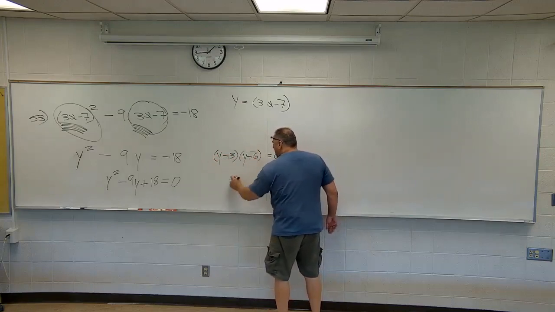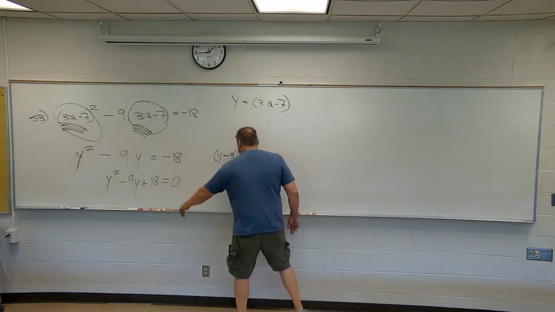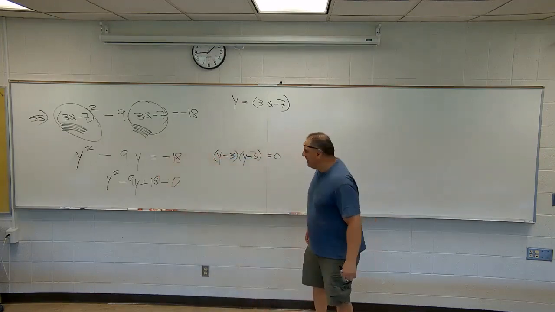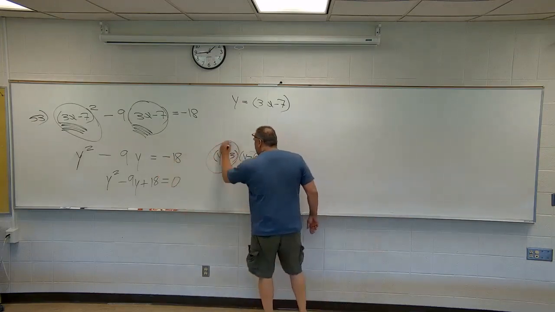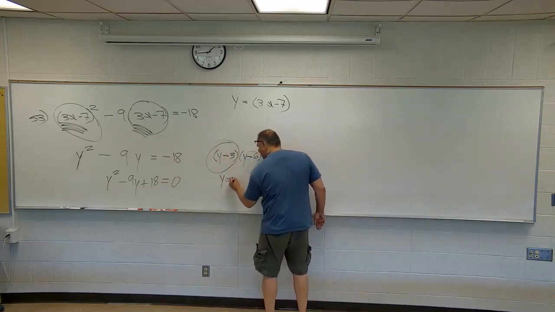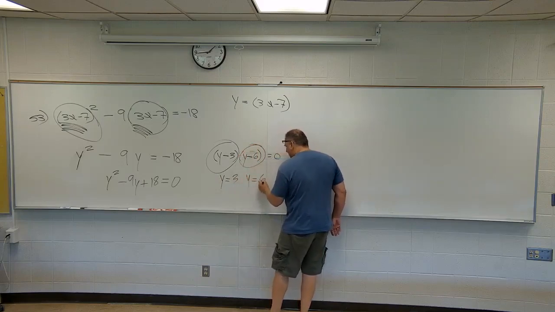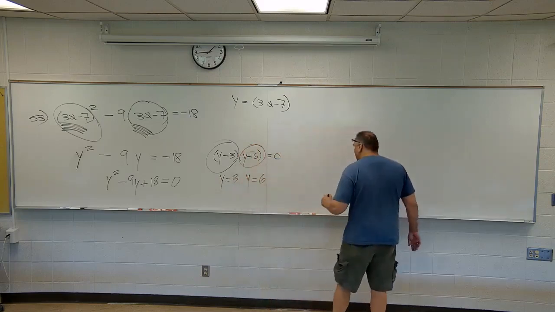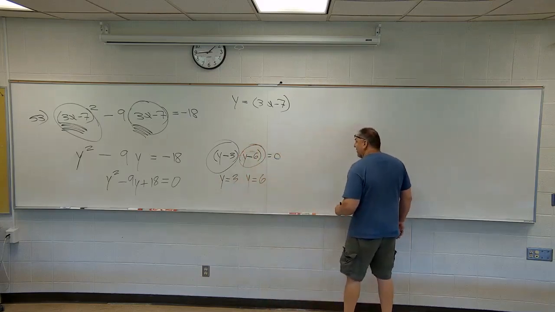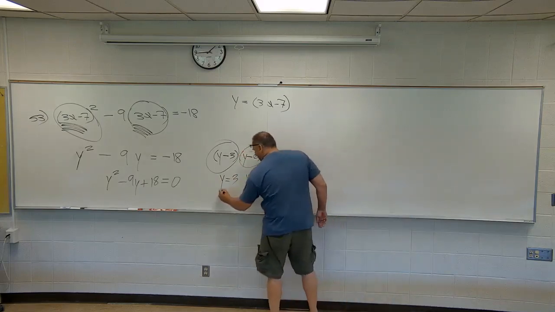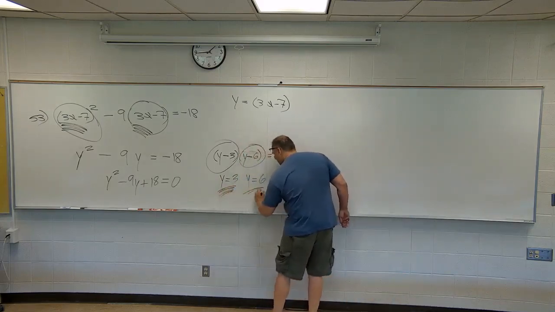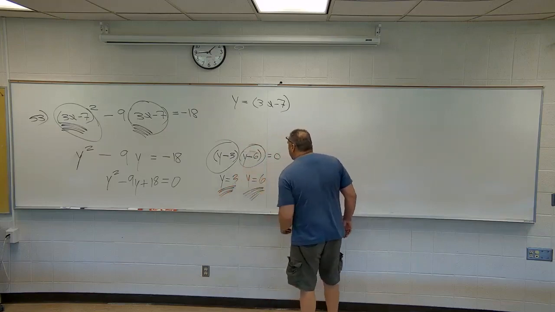Negative 3y and negative 6y is negative 9y. What value of y will make this equal to 0? You're not done, but you're close. y equals 3, y equals 6.